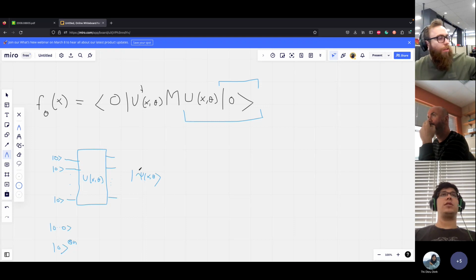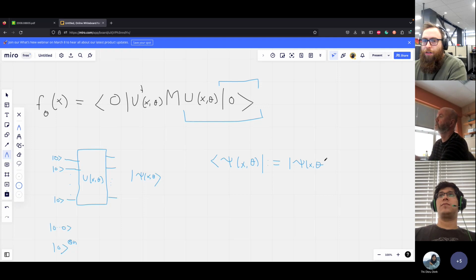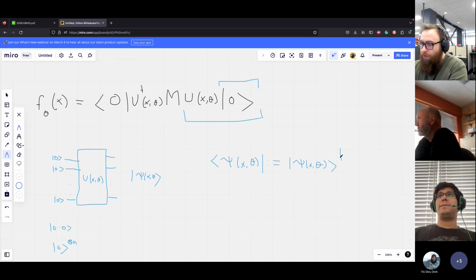What I'm going to do is rewrite this, because actually I'm going to tell you the definition of the other thing. If I write it down like this, x theta, I'm going to define this symbol as doing psi x theta bra, the dagger.